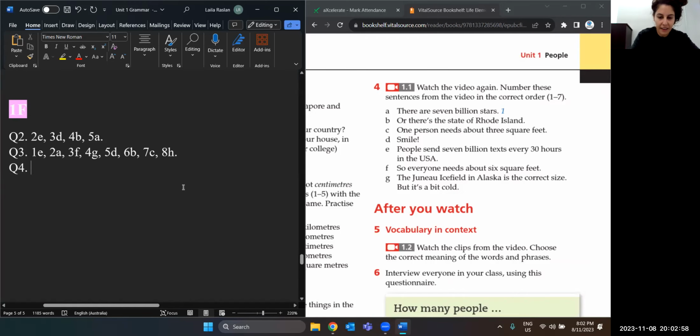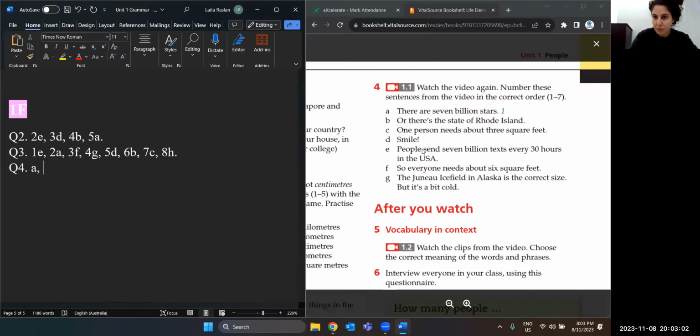So we have A, they did it for us, and then people send the text messages. They talked about the text messages. What did they then talk about after? C, the space that one person needs to take.